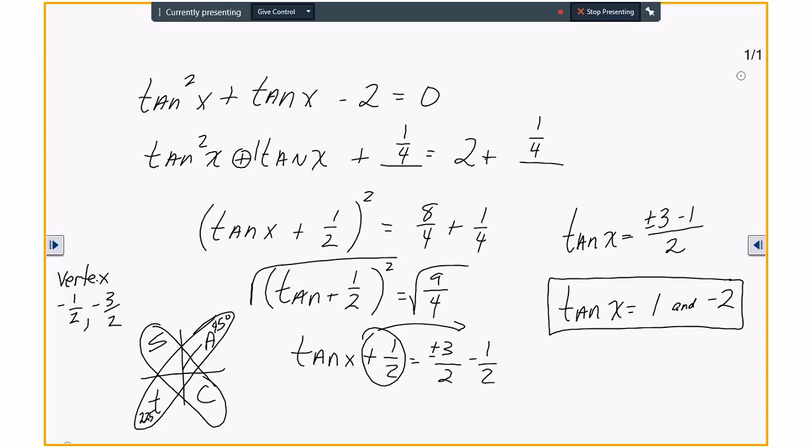What is the inverse tangent of 2? Did y'all get anything? Take the inverse tangent of 2 in your calculator and tell me what you get.